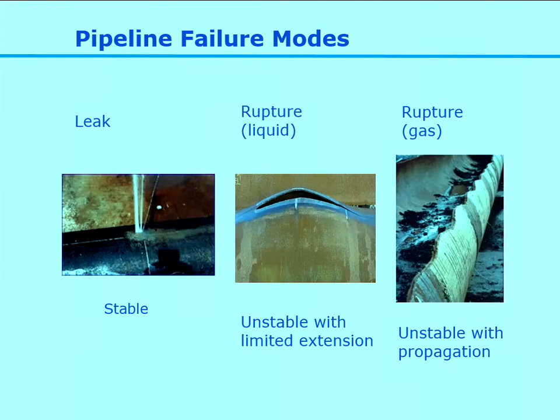In a gas, you will also get ruptures, but because gases will decompress as they pass through the defect, the decompression drives the defect, and so in gas pipelines you will get propagation that you won't get in liquid pipelines.